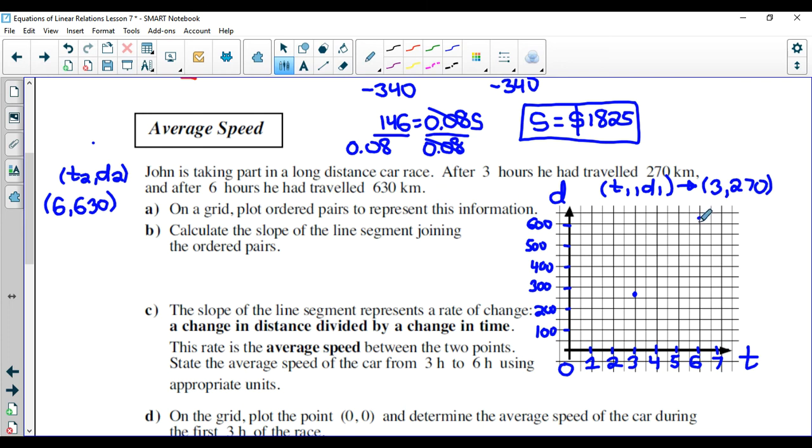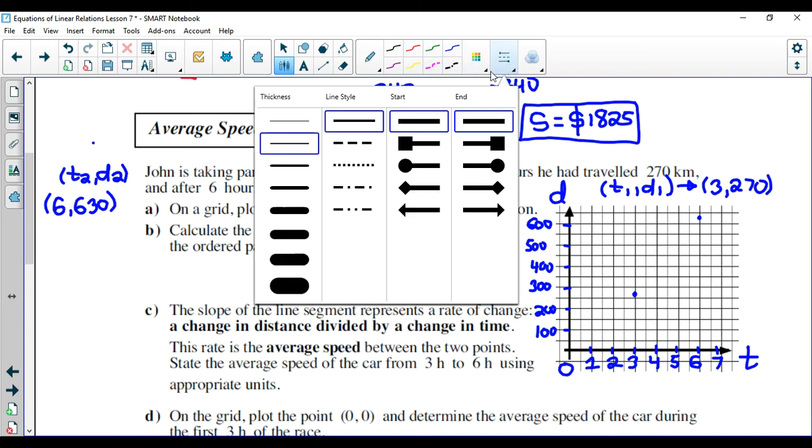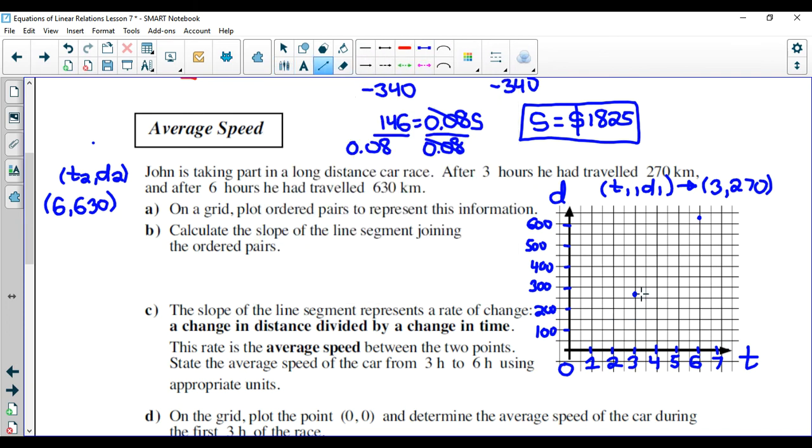So that's going to be above 600 here. So maybe at like this point. Okay, now it says calculate the slope of the line segment that joins those two ordered pairs. Okay, so let's get a line segment to connect these dots. So that would be a line segment that just goes from here to there.